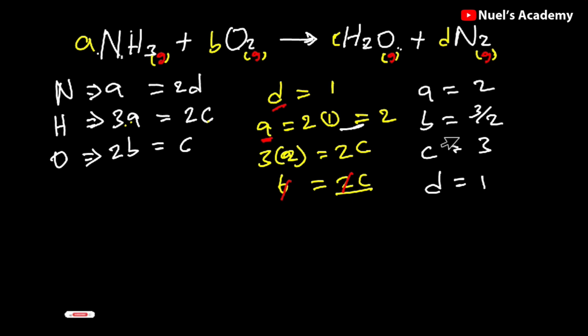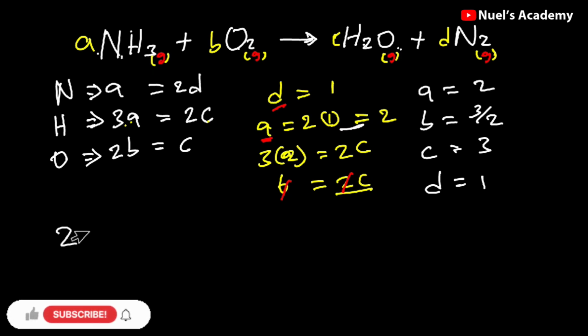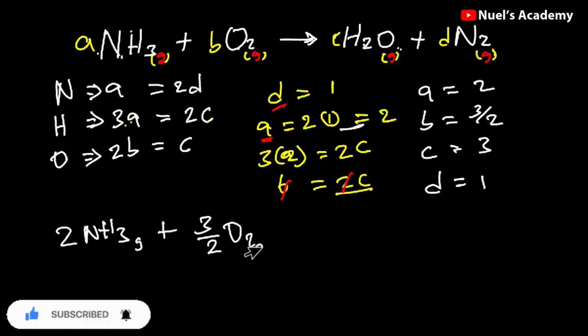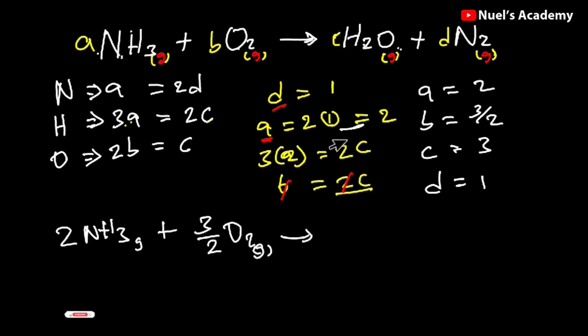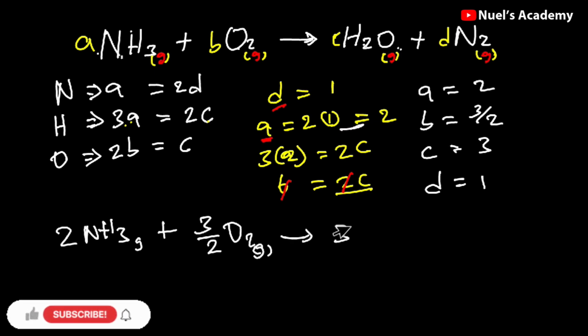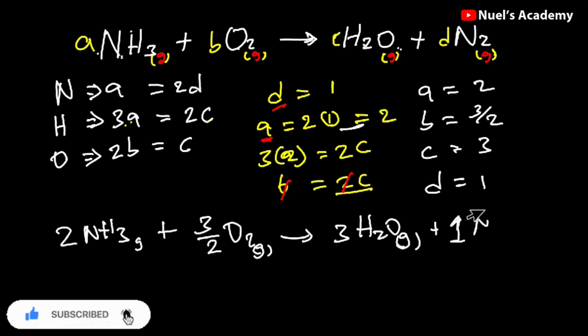A here is 2, so we have 2 moles of ammonia gas, plus B is 3 over 2, so 3 over 2 moles of oxygen gas, which will give us C, 3 moles of gaseous water, and plus D is 1, so 1 mole of nitrogen gas.